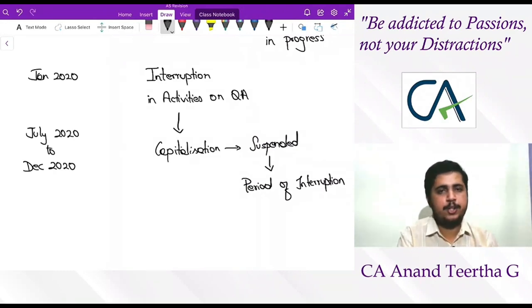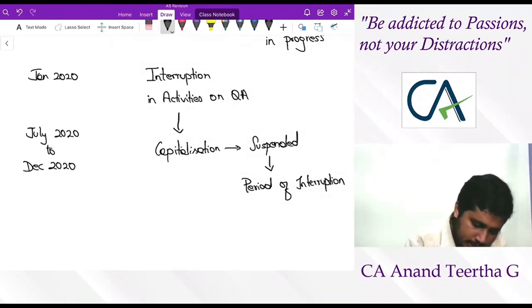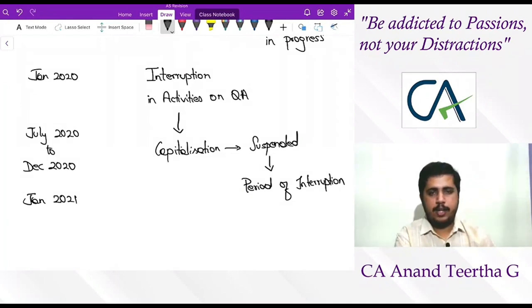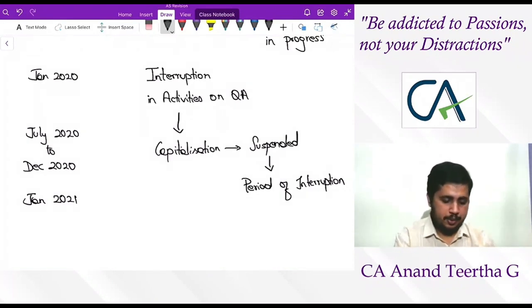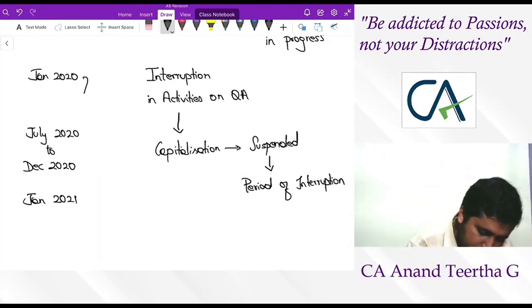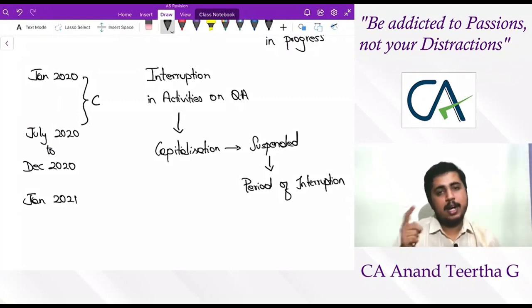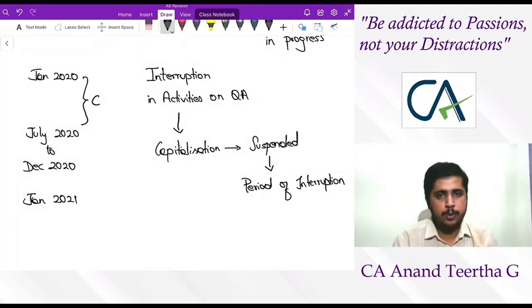There was an interruption to work. Later, January 2021, the work resumed. Okay, so Jan 2020 it started, then the work got interrupted. January 2021 onwards, it continued, which means from January 2020 to July 2020, it's allowed to be capitalized. Why? Commencement rules have been followed.